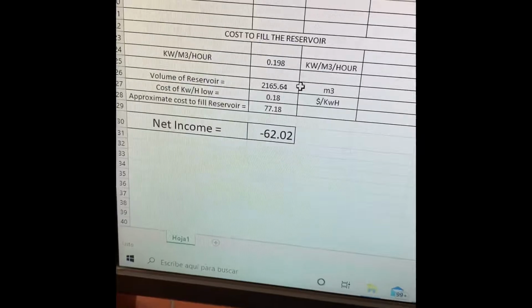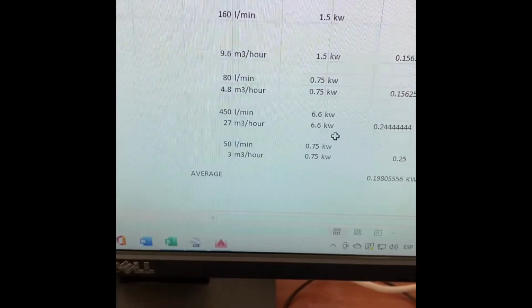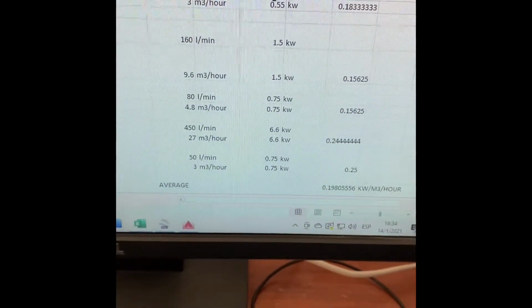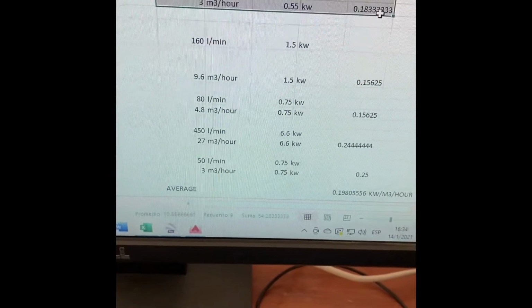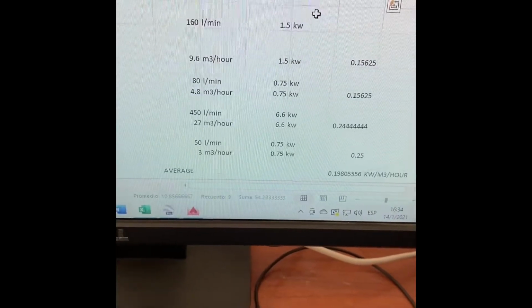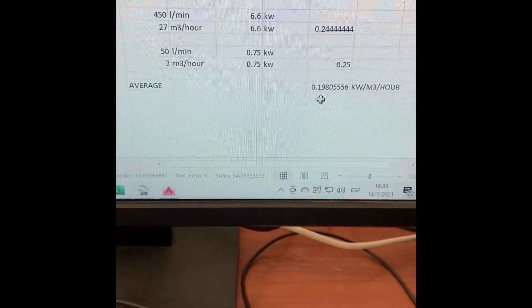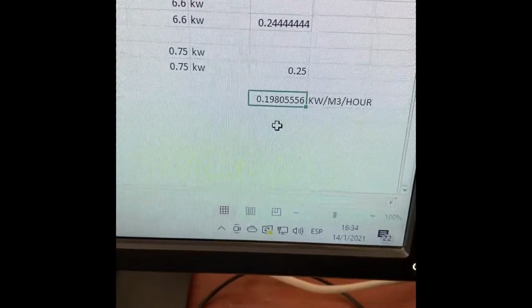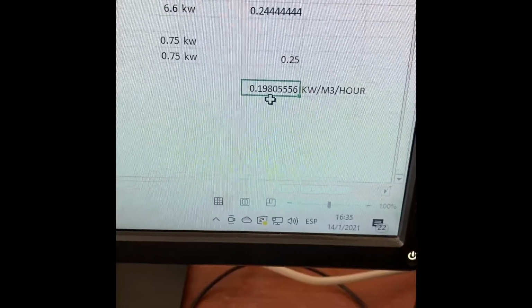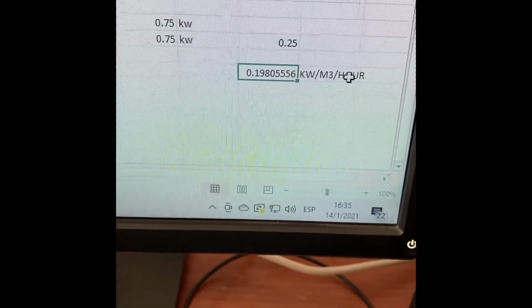Now the cost to fill this reservoir with water. What I did here is I went to the shop and I saw the pumps, just water pumps, and I did an average to see, from 5 pumps, how much power, how many kilowatts I need to put a cubic meter in 1 hour.